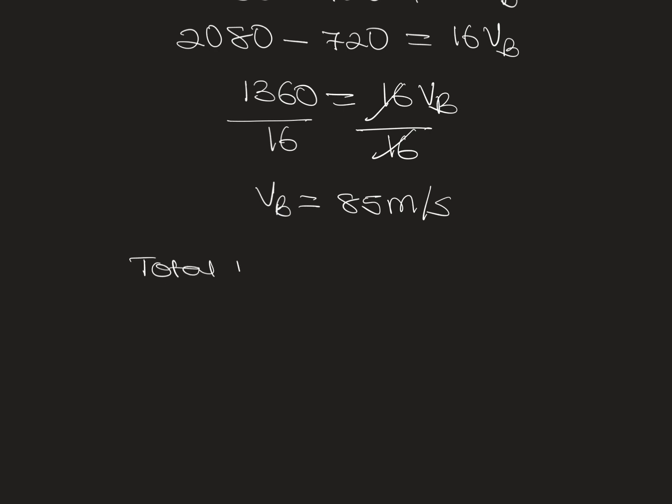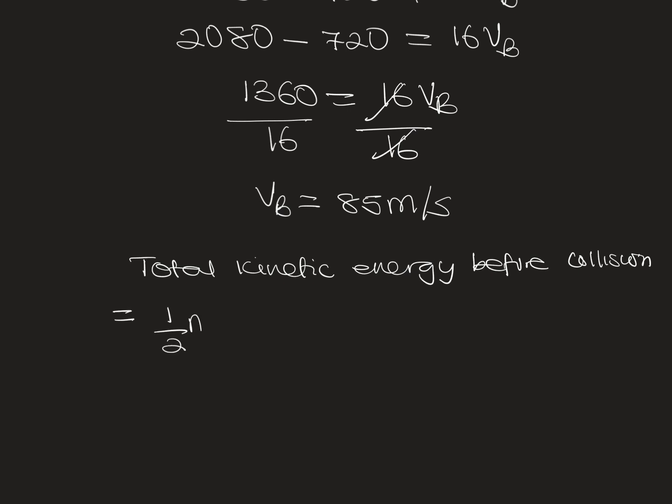Total kinetic energy before collision can be determined using the formula half the mass of A, the initial velocity of A squared, plus half the mass of B, the initial velocity of B squared.